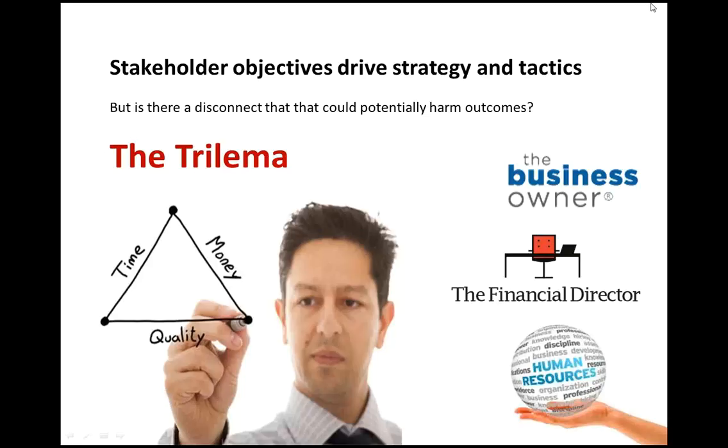But what's been discovered from extensive research is that the people on the coalface, their priority is to recruit efficiently in the fastest time possible. So three stakeholders, each with a different priority at the top of their agenda. I think that all the stakeholders would agree that all three elements are important, but this can subsequently create a conflict of interest within the business, and something that I call the trilemma.